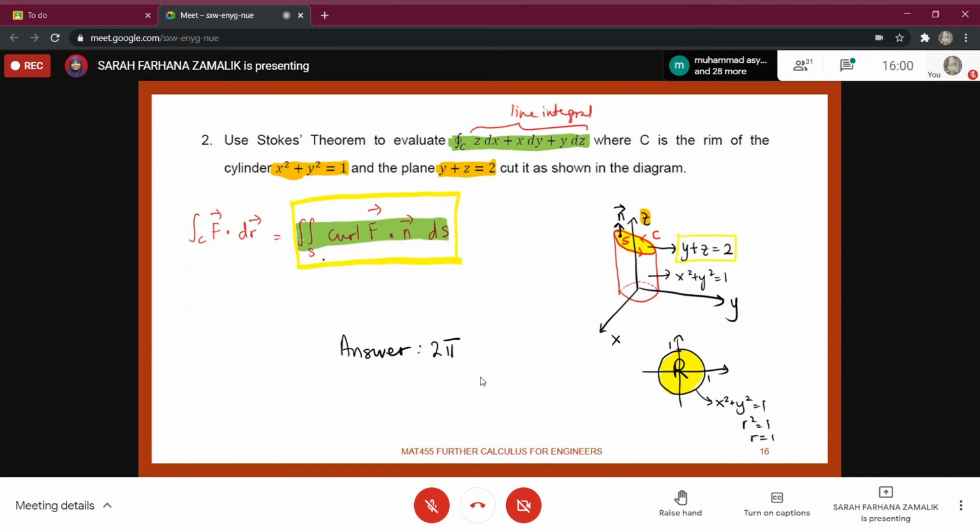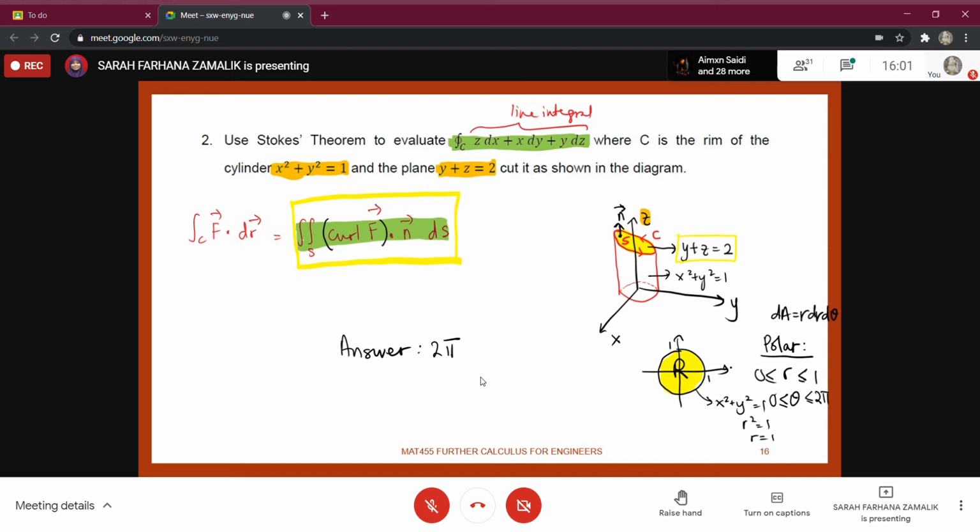Later when you use the double integral, make sure you remember that you must use polar coordinates. So in polar coordinates, R starts from 0 until 1, theta starts from 0 until 2 pi. So what does dA become? R dr d theta. This is the same as how you evaluated the surface integral the other day, except here it is curl F, not F, but it is the component of your curl F. Find it on your own.